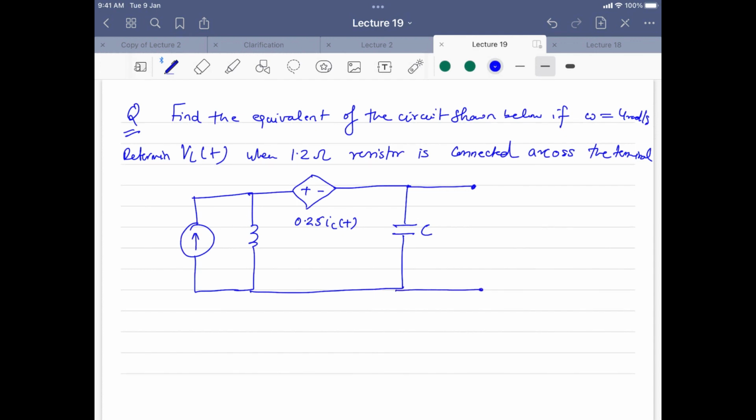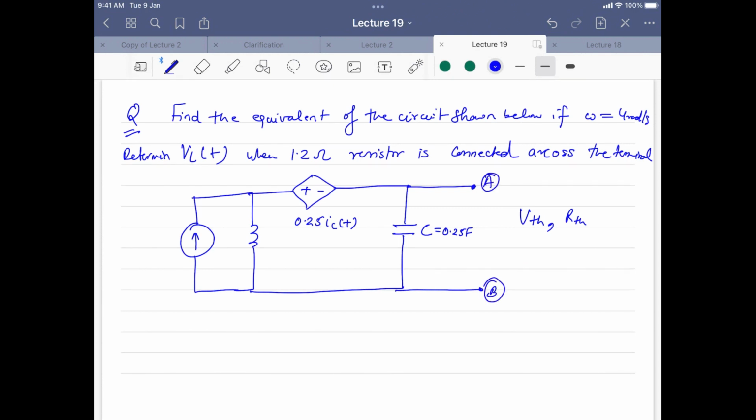So basically what we are asking you is to find the equivalent of this circuit looking from here, so basically to find V Thevenin and R Thevenin for this circuit looking from this terminal, A and B.